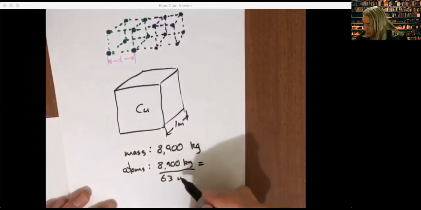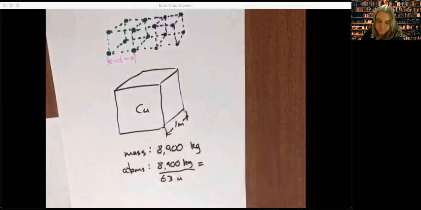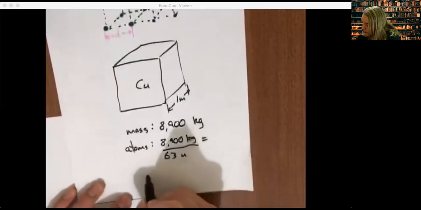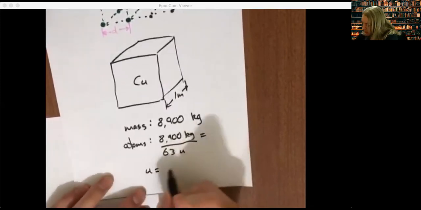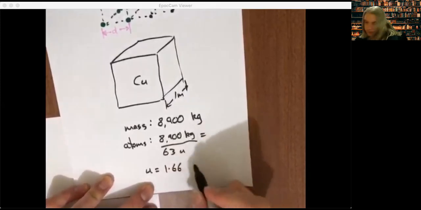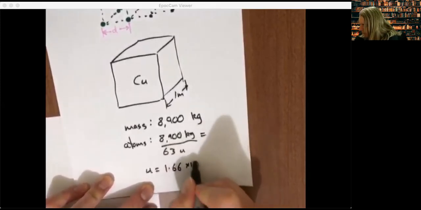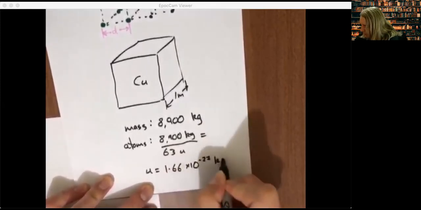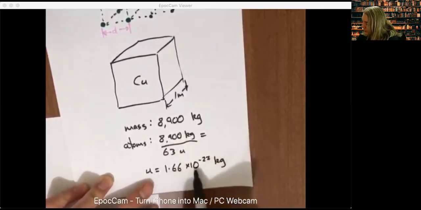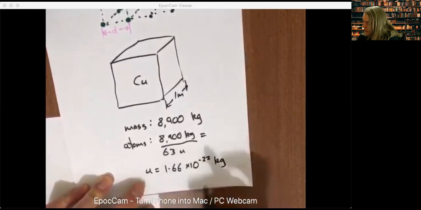Obviously, they're in different units, so we need to convert them. If you've got the printed notes, or if you're just relying on me to tell you, the previous slide told us that 1 u is equal to 1.66, we'll just go with 3 significant figures for now, times 10 to the negative 27 kilograms. So all we have to do is do 63 times this, and that gives us the mass of each copper atom.